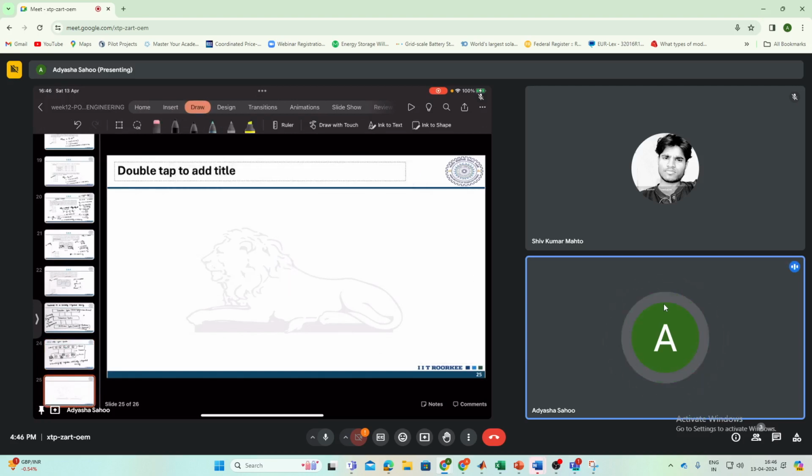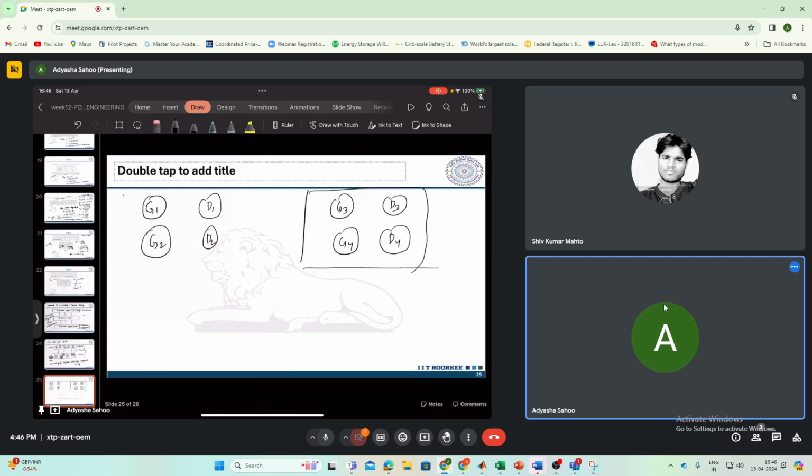Let's say G1, G2, you have D1, D2, G3, G4, D3, D4. This is one area, these are in another area, and this is your tie line. Let's say G1 and D4 want to buy and sell power.